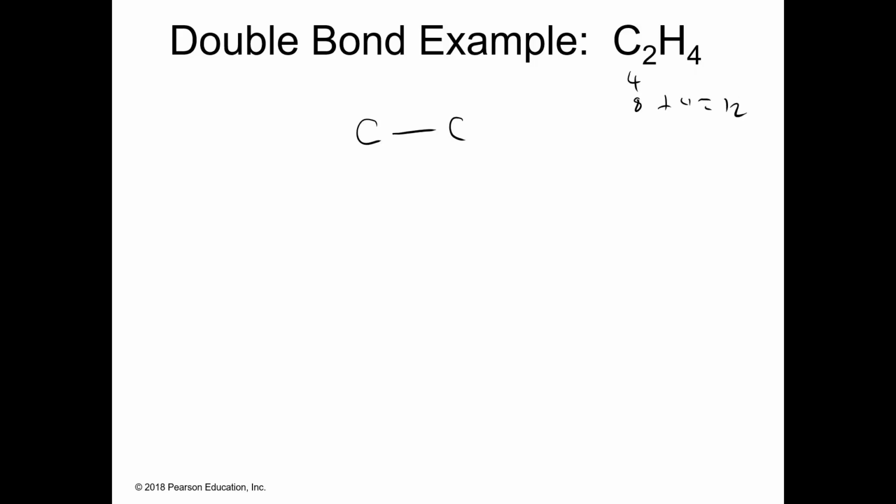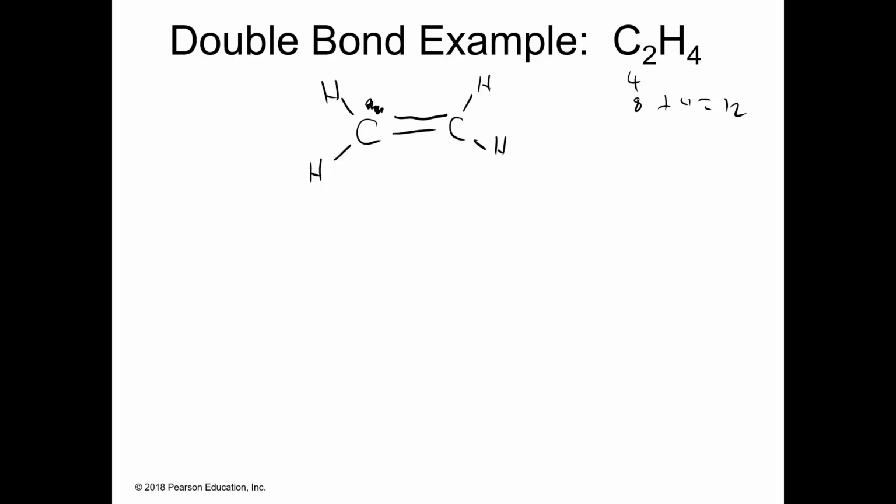And then we have 4 hydrogens. So we have 1, 2, 3, 4, 5 bonds, and that's 10 electrons. We have 2 more. I just put them generically on 1 carbon, and so that shows you right away that this is deficient, so you have to make a double bond.